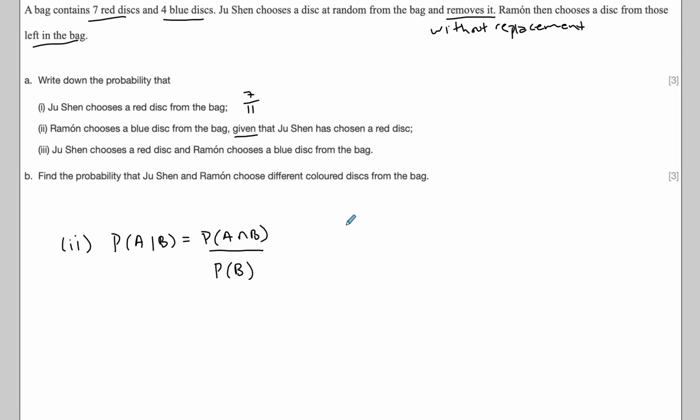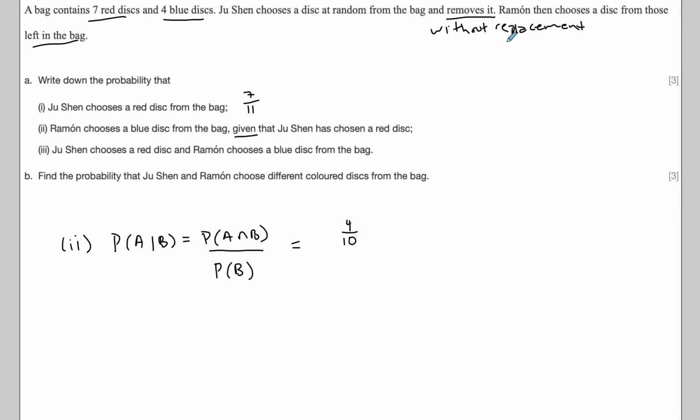divided by the probability of B happening. You can do this in many different ways. The probability of A and B happening, so the probability of Raman choosing blue and Jushan choosing red. The probability of Raman choosing blue is 4 over 10 because it's without replacement.